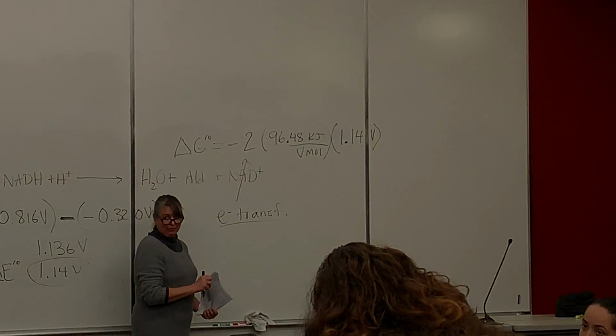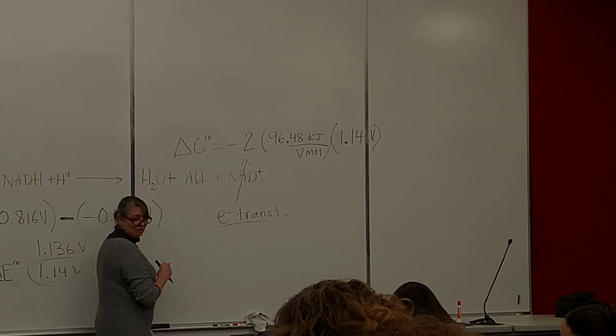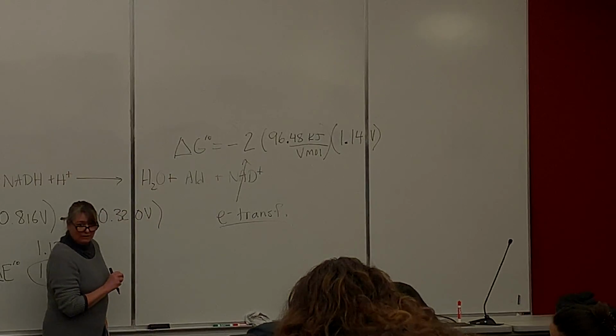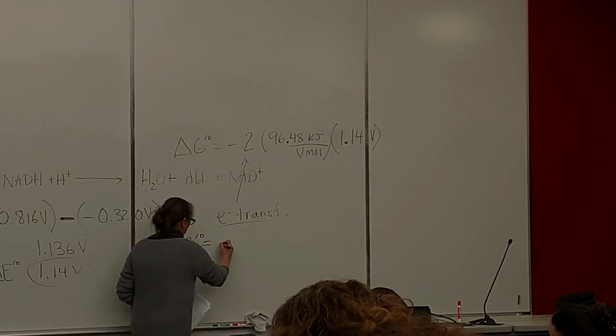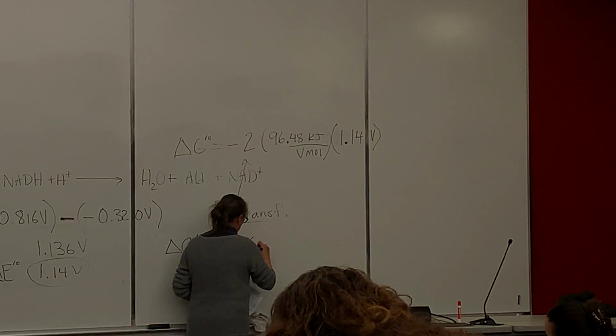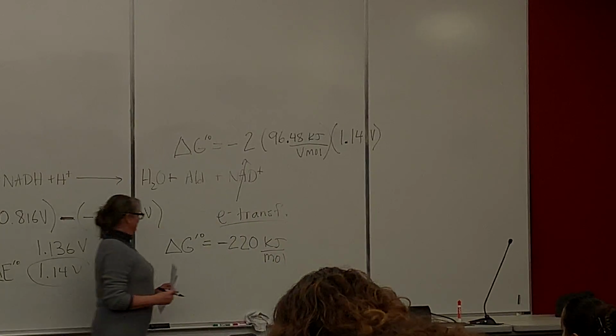So we have a number for this. Train, you have a number? Oh, not yet. Negative 220 kilojoules per mole? Okay.